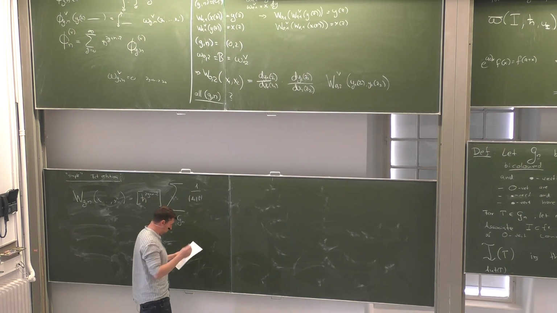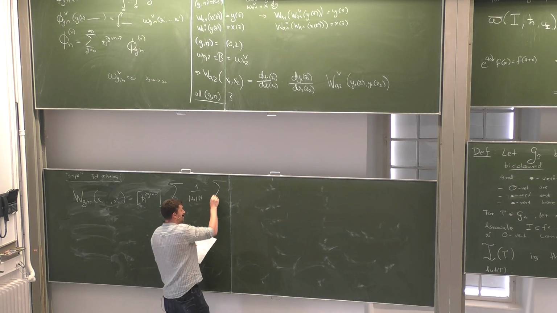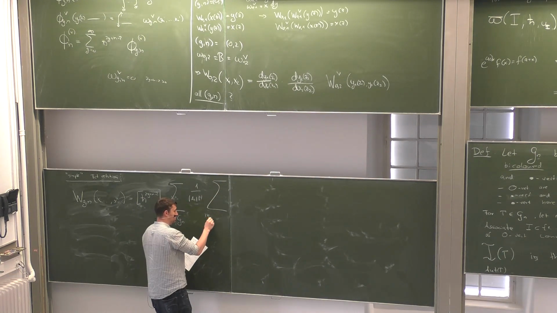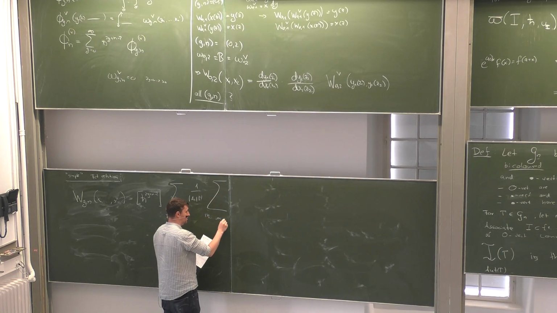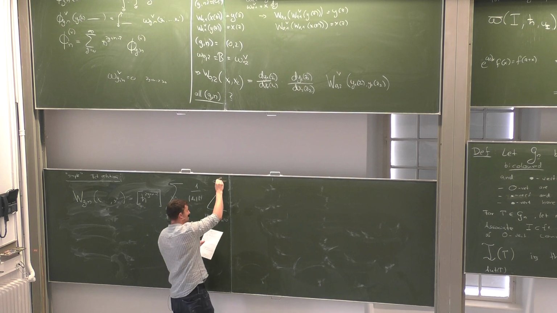We take the automorphism group, divide by it, and we take here a huge sum over all m1 up to mn, going from 0 to infinity.